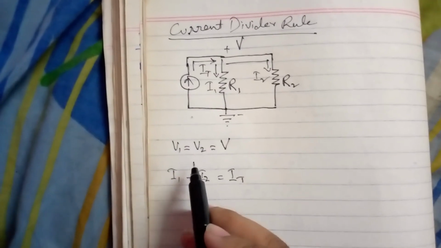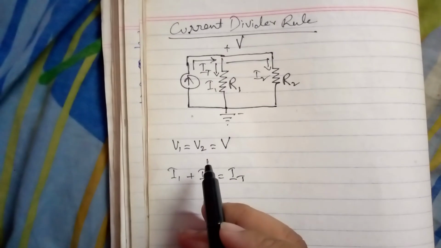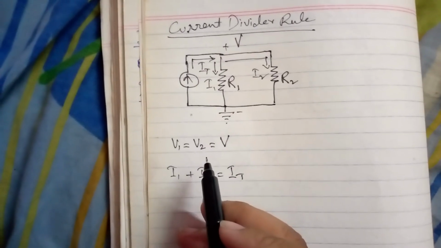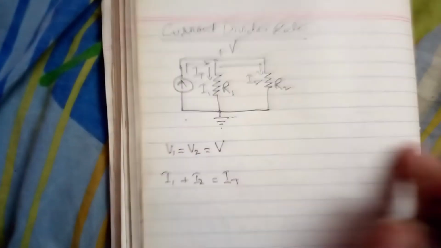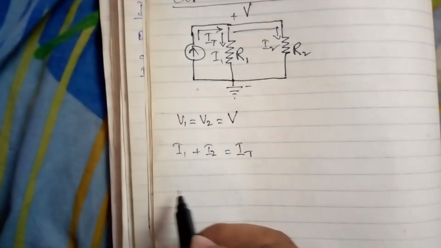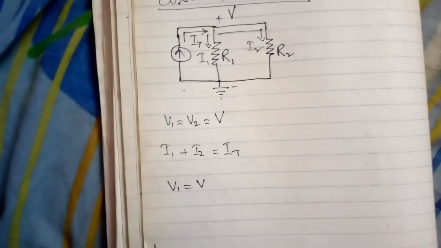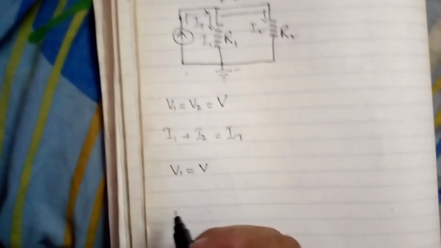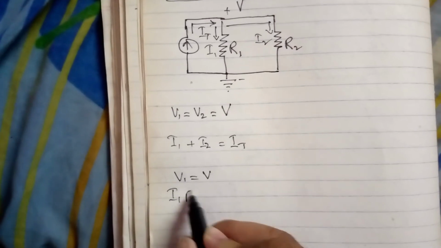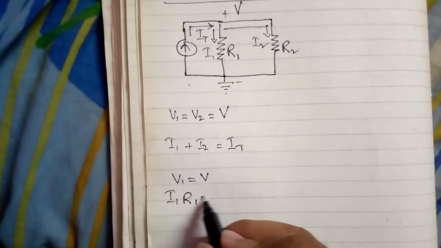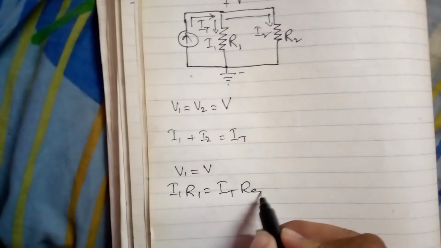Here you can take V1 is equal to V or V2 is equal to V, because I have to derive the formula for the current flowing through a resistance. If I take V1 is equal to V, you all know from Ohm's law, V is equal to IR. So here V1 will be I1R1, and V will be IT R equivalent.